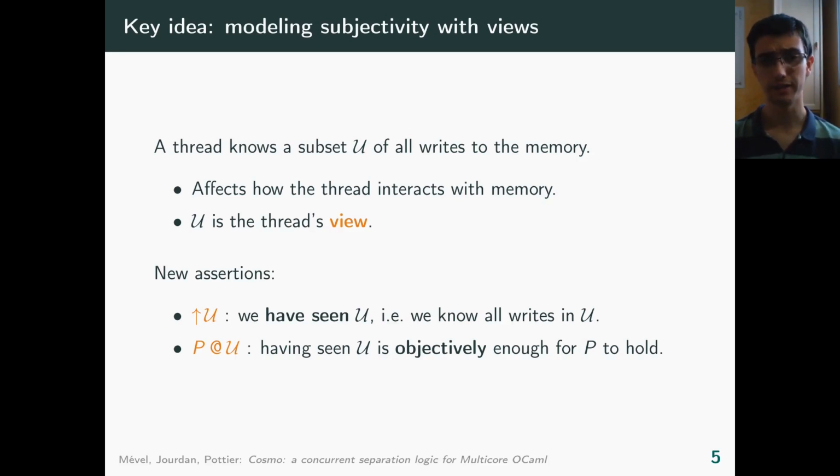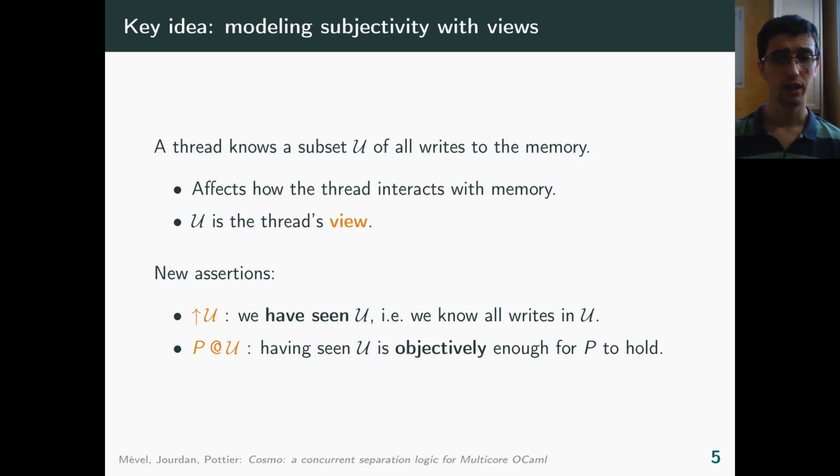And by saying this, we do not depend anymore on the current view, so saying this is objective, even though P may be subjective. And that's what P at u means when u contains the given write event. So we can make a subjective assertion objective by specifying the view at which we see it.